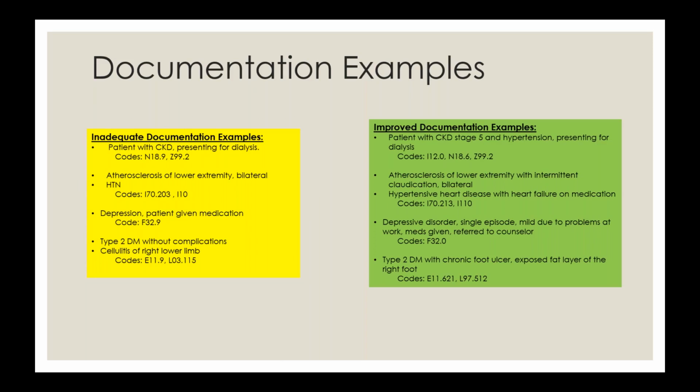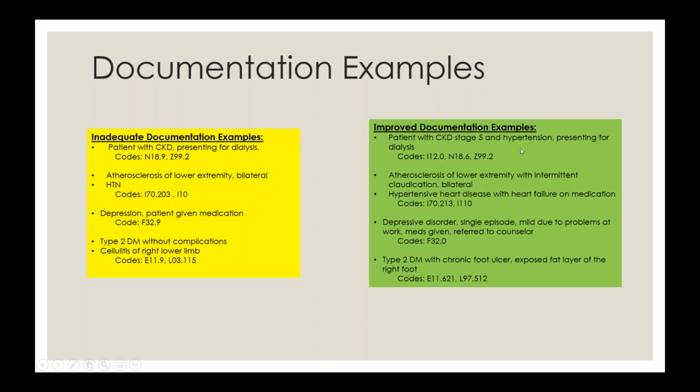And then these are some of the documentation examples. So for inadequate documentation, if the provider just put patient with CKD presenting for dialysis, really it would only have that N18.9 and Z99.2. That's all that would be coded for them.